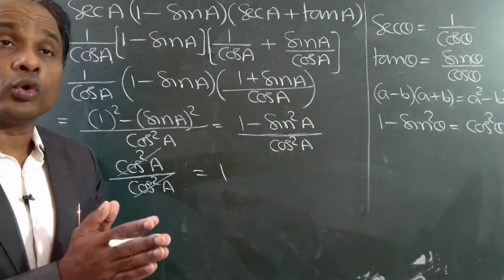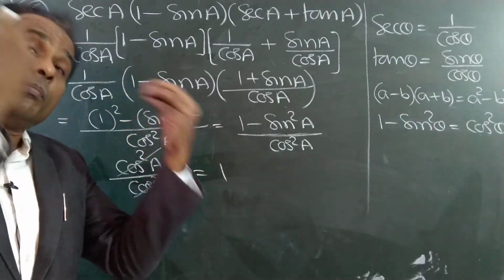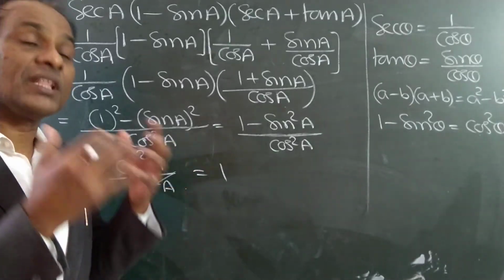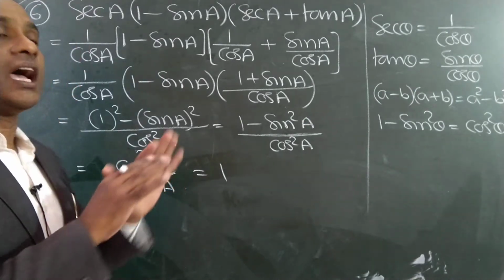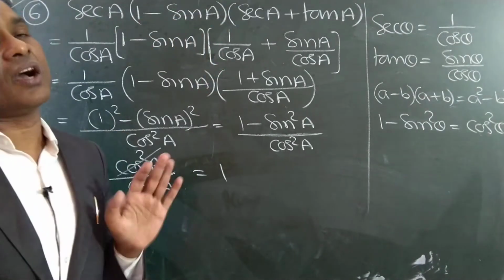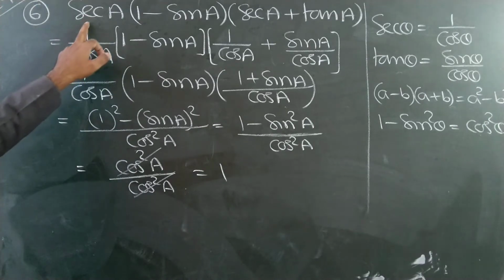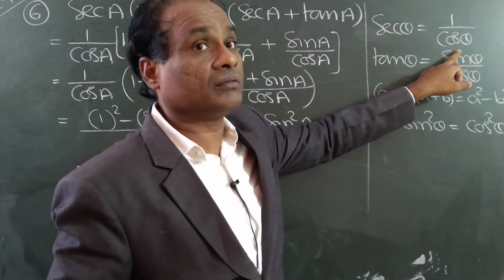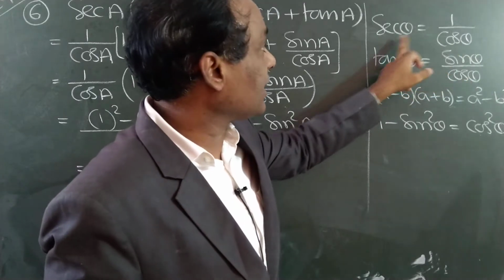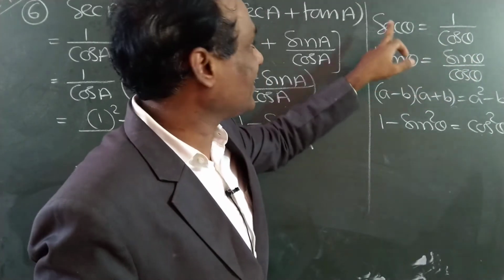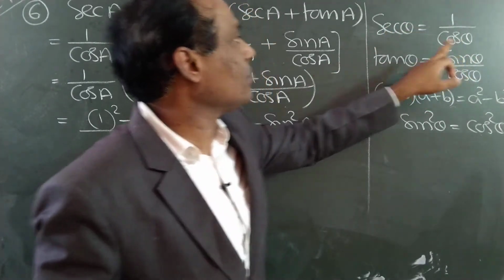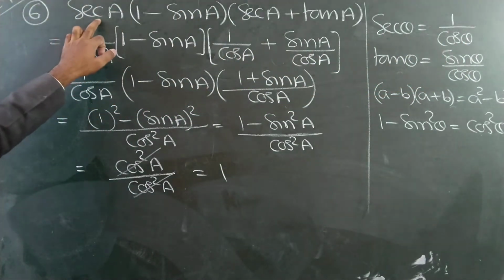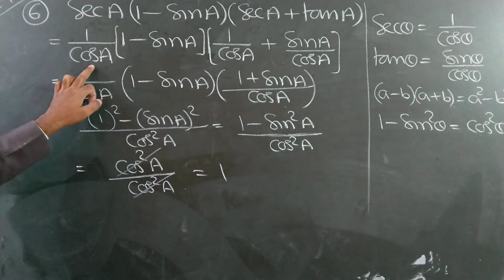I told you we can apply many methods, but the method I am applying is to change this into sine and cos. Secant is equal to 1 by cos; secant and cos are reciprocal to each other.